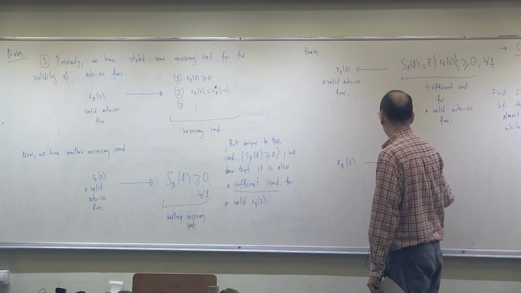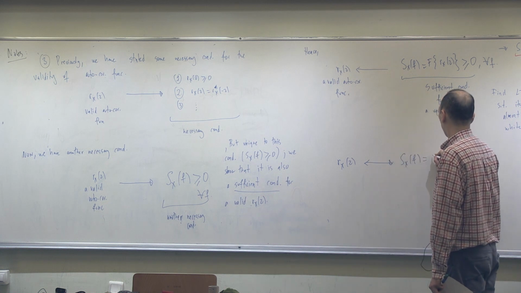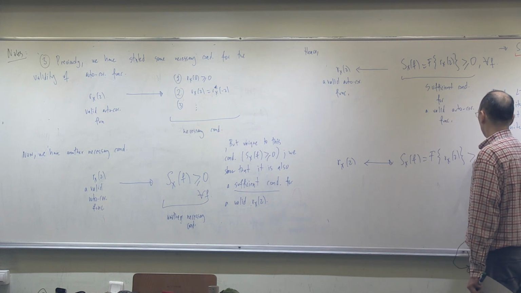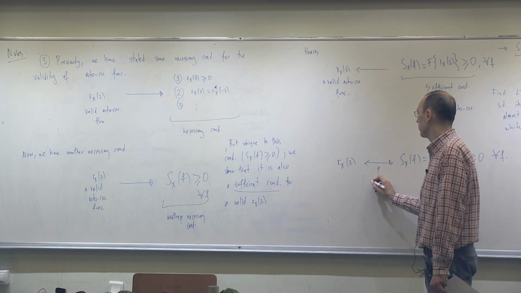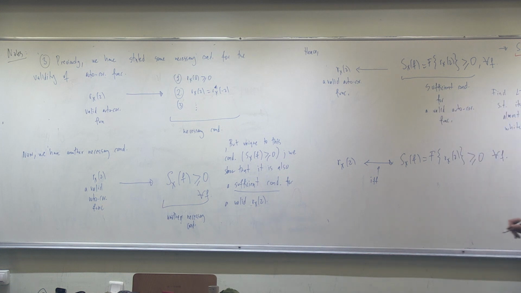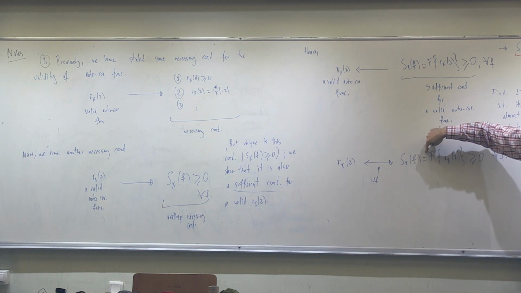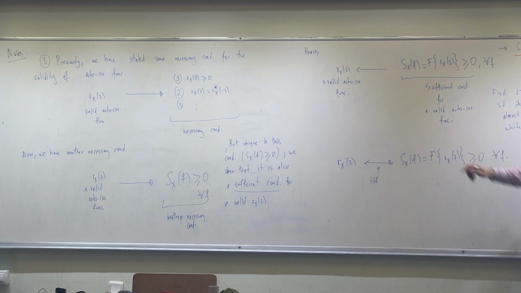It's both necessary and sufficient, so they're equivalent. So this becomes a necessary and sufficient condition, this if and only if statement. Positivity or non-negativity of this power spectral density implies this, and the valid autocorrelation function implies that.